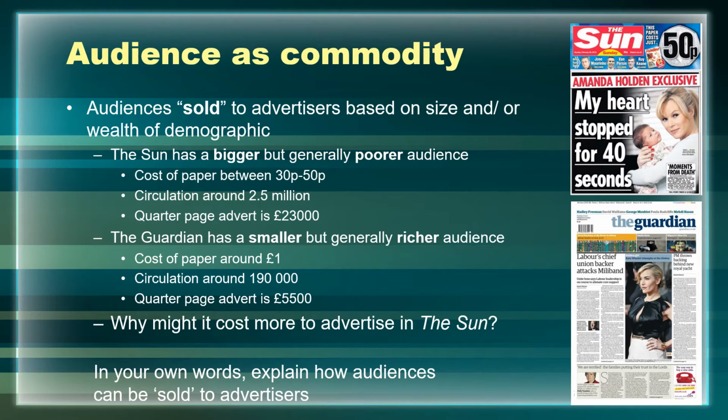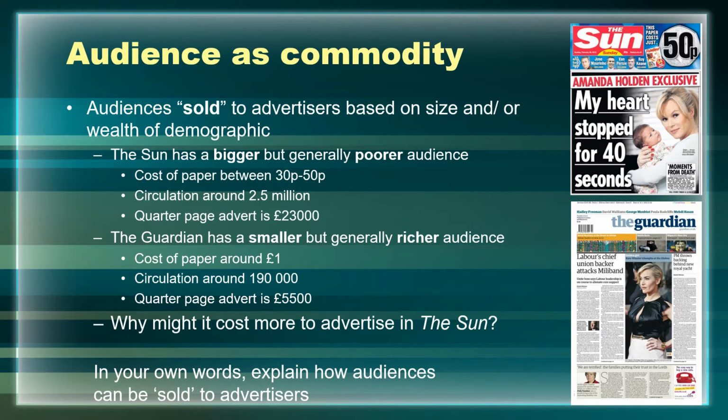Why might it cost more to advertise in The Sun? Well, basically, because although The Sun's readership is comparatively less well off than The Guardian's, there are 10 times more of them, and that makes them a far more lucrative audience than The Guardian's.